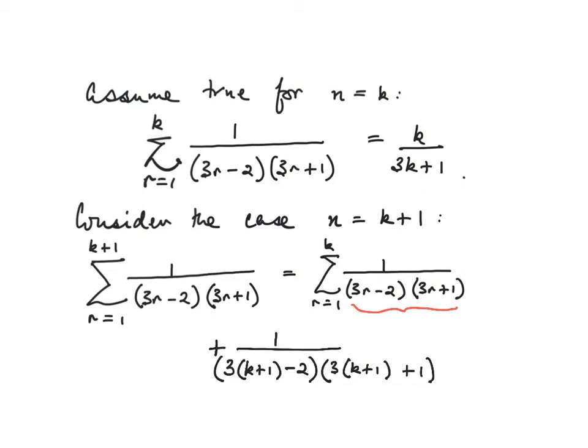Now, what happens next? We don't really have enough space, but what I'm going to do is replace this whole term here with this here. And that gives us, so it's k over 3k plus 1.